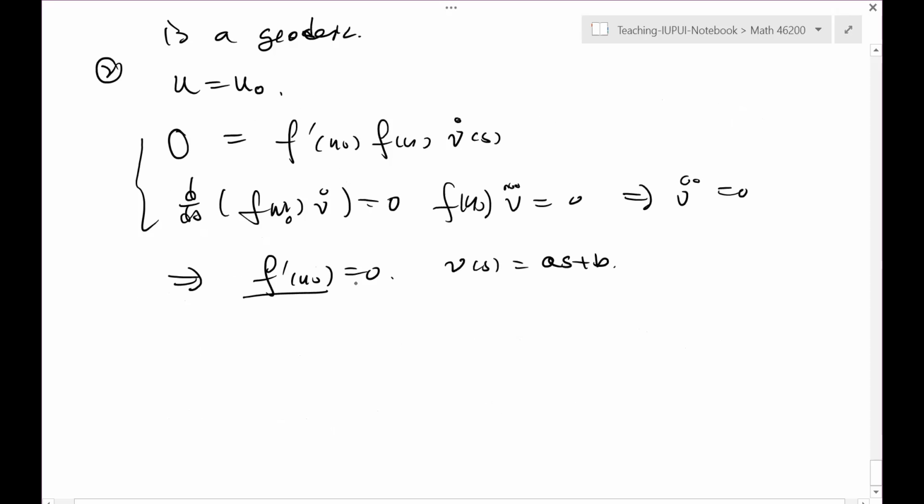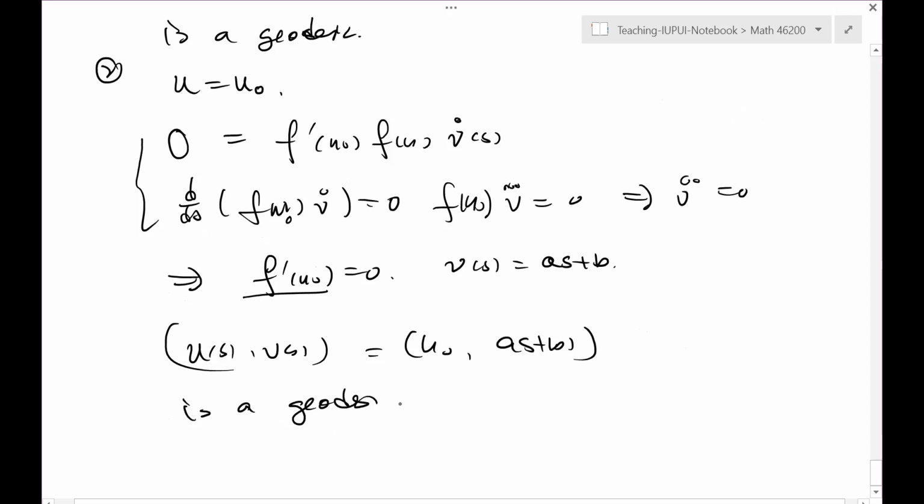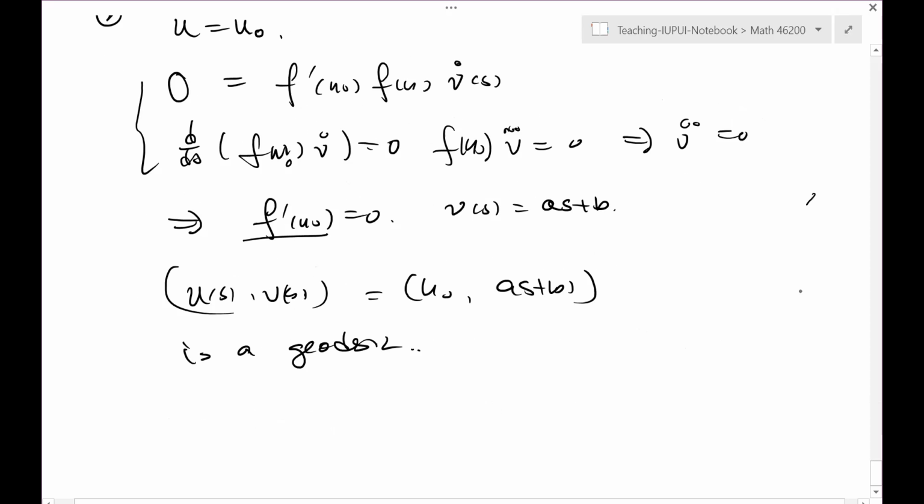So if f prime of u_0 is 0, then you get a geodesic. So then u is constant and v equals as plus b is going to be a geodesic. How does a geodesic look like? This is a picture. Here the shortest circle is a geodesic because if you look at the value, f prime is going to be 0 at this point.